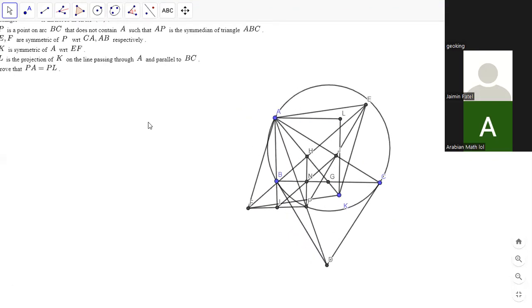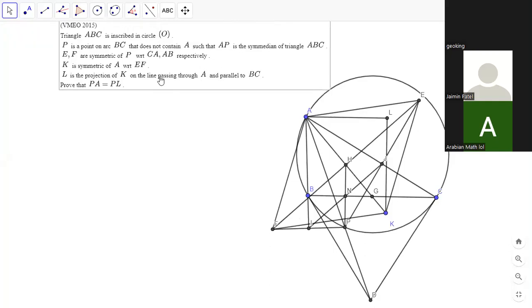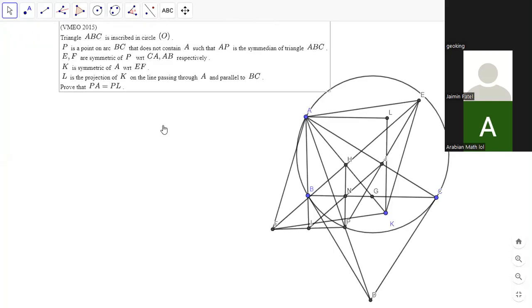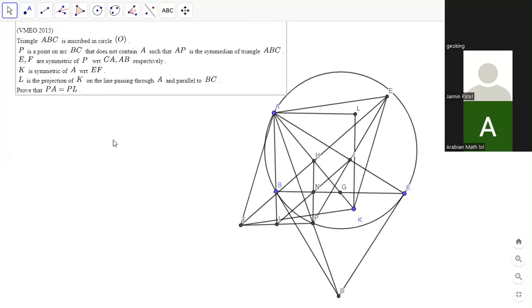So I think Arabian Math has a proof, I'm just trying to understand it. We want to show AP and AH are isogonal, and we know IJ is parallel to EF.